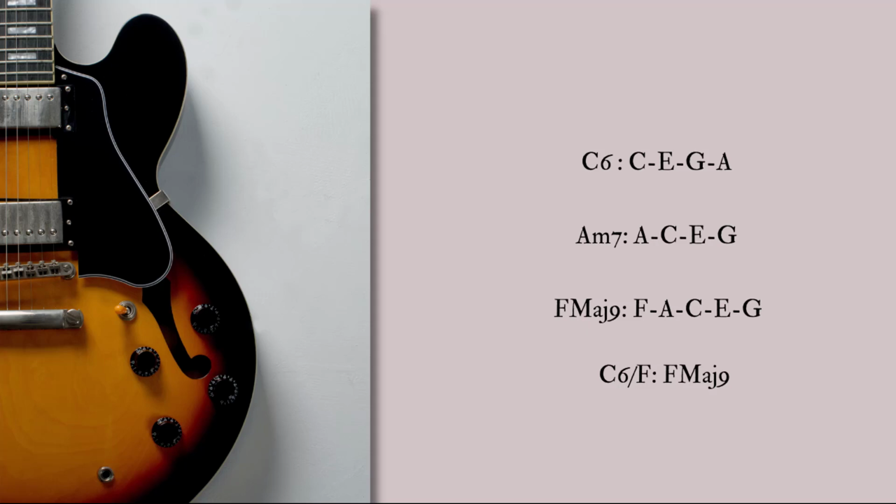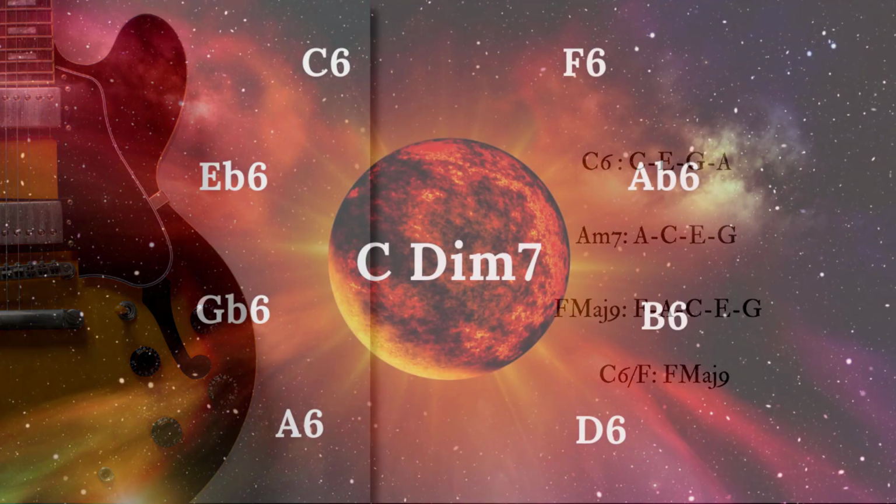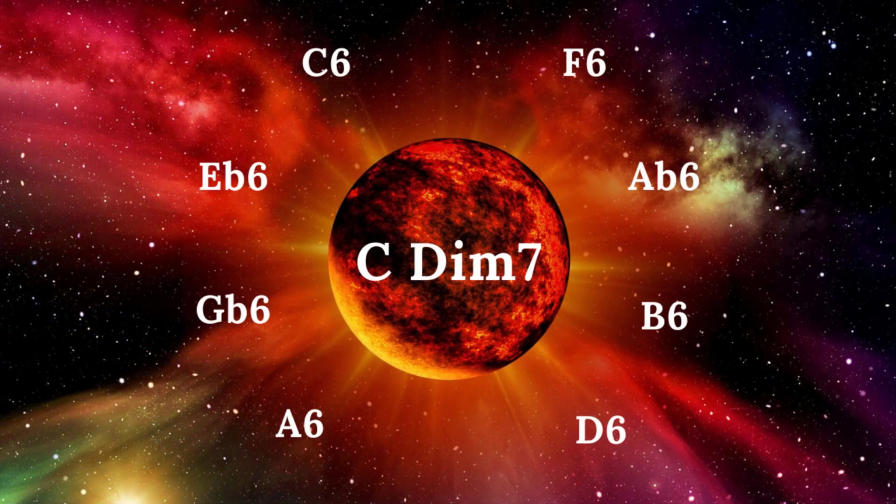Let's take this information and head on back to our C diminished solar system diagram. When I'm thinking about chords, I tend to not be thinking of them in terms of 1, 6, 2, 5 type progressions. I'm thinking in terms of home and away.